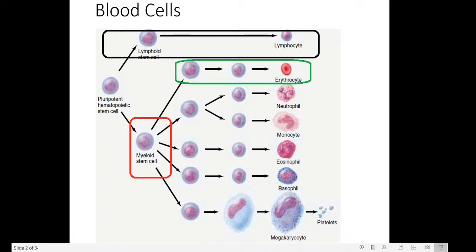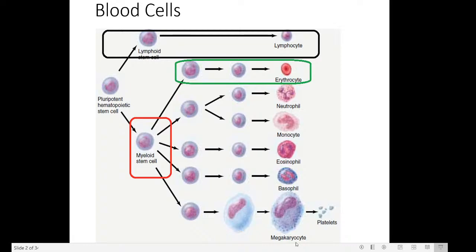Those five different cells are erythrocytes, and another with two variations: neutrophils, monocytes, eosinophils, basophils, and megakaryocytes.